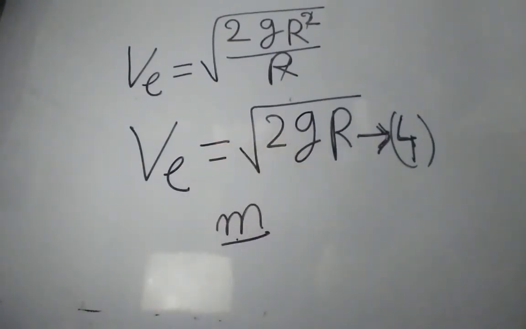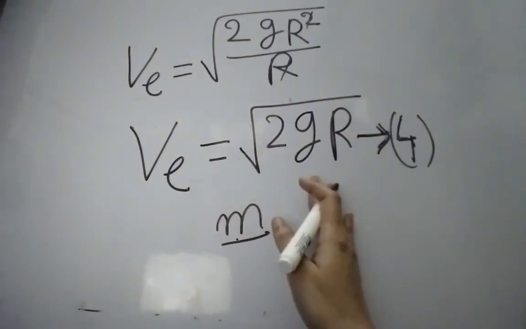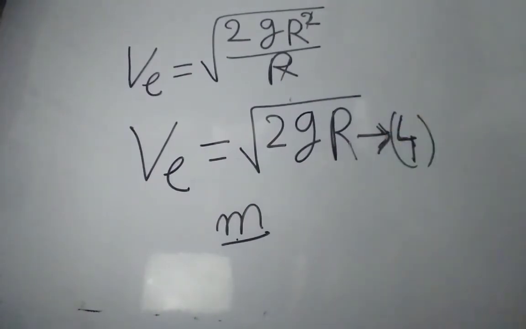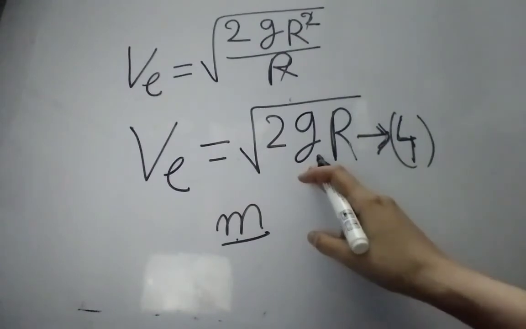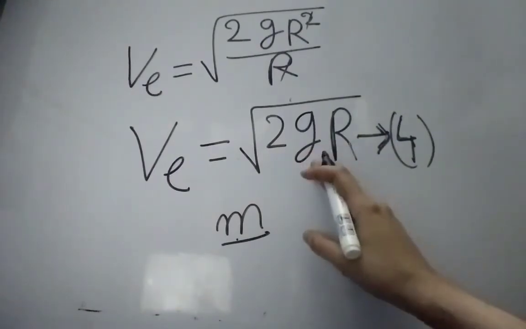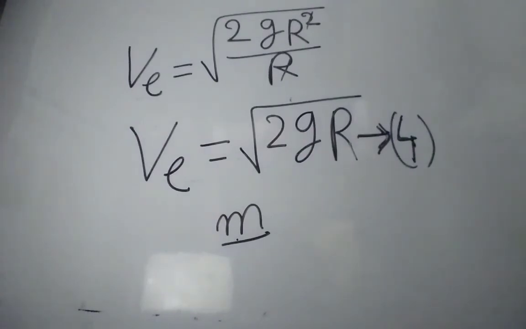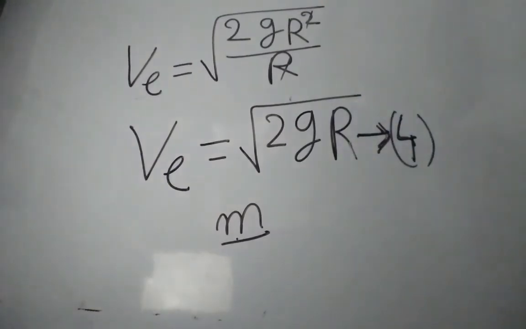Suppose we will calculate the escape velocity of Jupiter, then we will have to take the radius of Jupiter, and the value of gravitational acceleration of Jupiter. Then we can easily calculate the escape velocity of Jupiter using this formula.